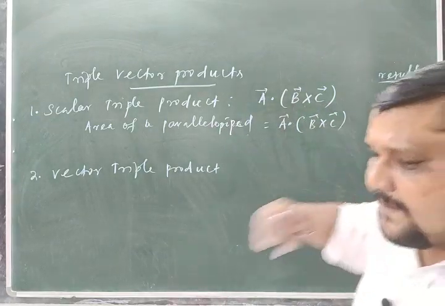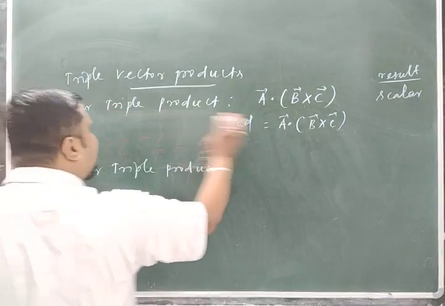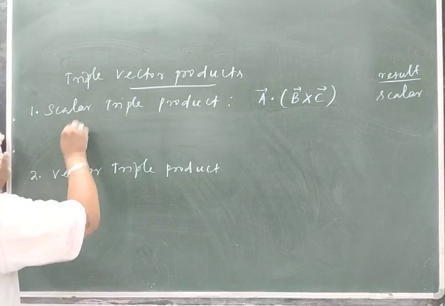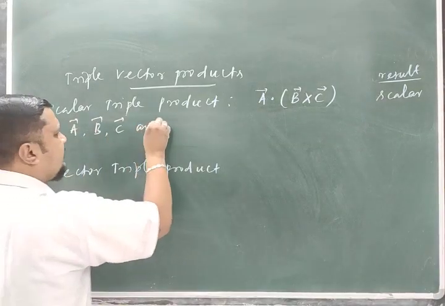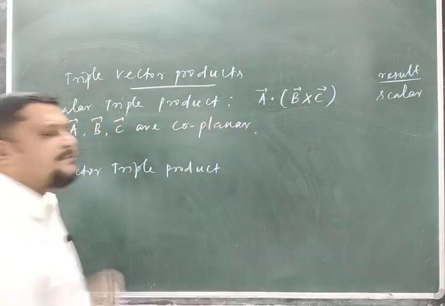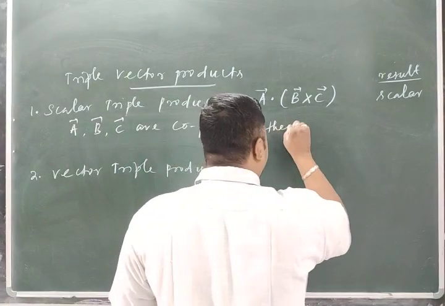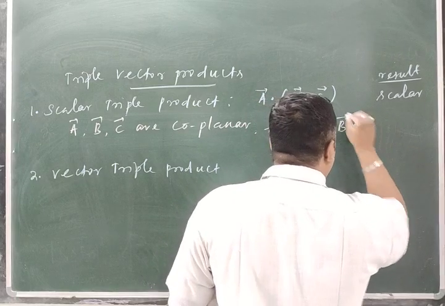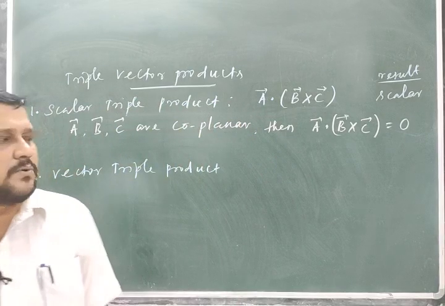But remember one thing, from here another property you can say: if A, B, C are coplanar, what is coplanar? All are in the same plane. Then remember, always A dot B cross C will be 0.